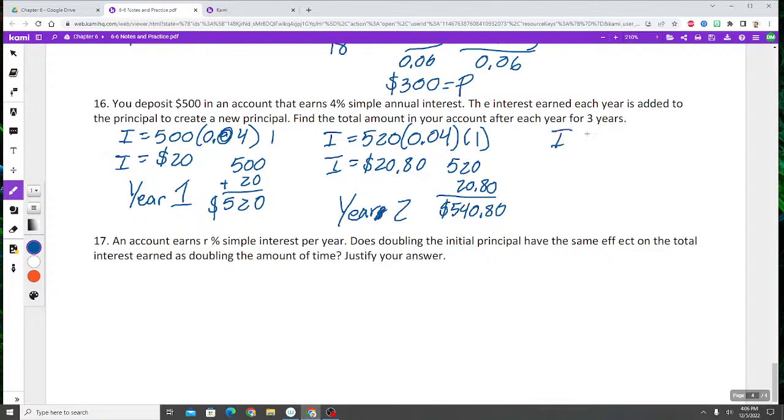Year 3, final year. We're going 540 plus 80 cents times 0.04 times 1. That gives us $21.63, which we're going to add to the 540.80.